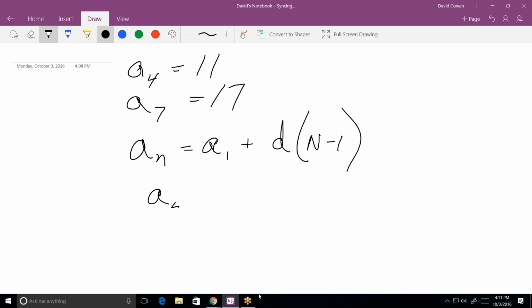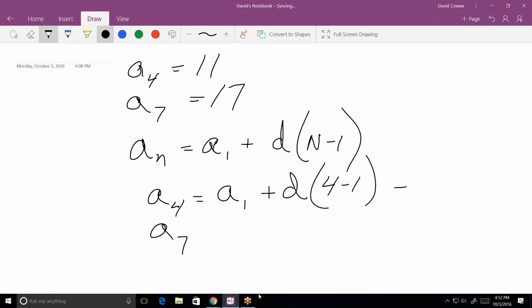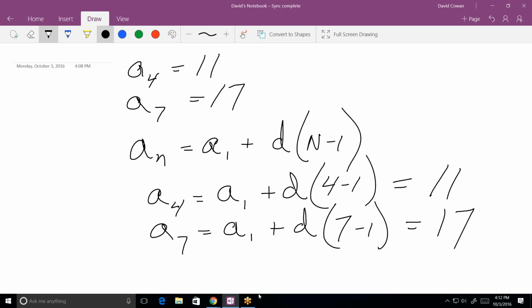So a sub 4 always is a sub 1 plus the common difference times 4 minus 1, and that's equal to 11. And a sub 7 is a sub 1 plus the common difference times 7 minus 1, and that's equal to 17.